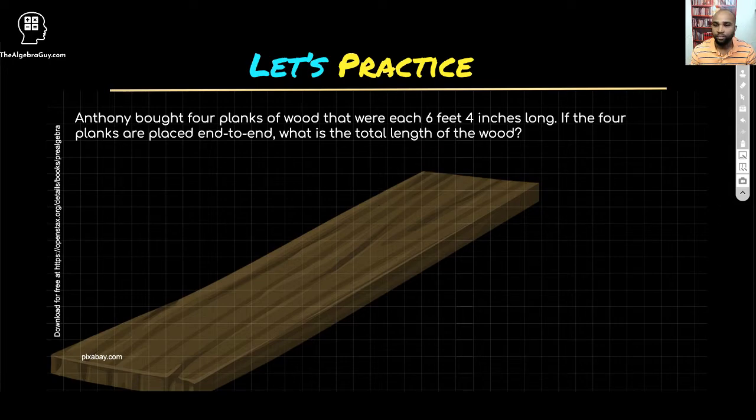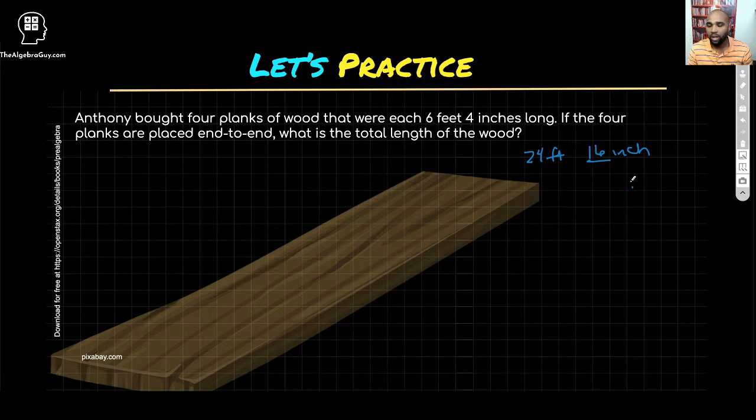So I want to use, yes, we got 4 of these. So what is that? 4 times 6 is 24 feet. And 4 times 4 inches is 16 inches. Well, how many feet is that? Well, we got 24 feet. Well, what does this convert to?